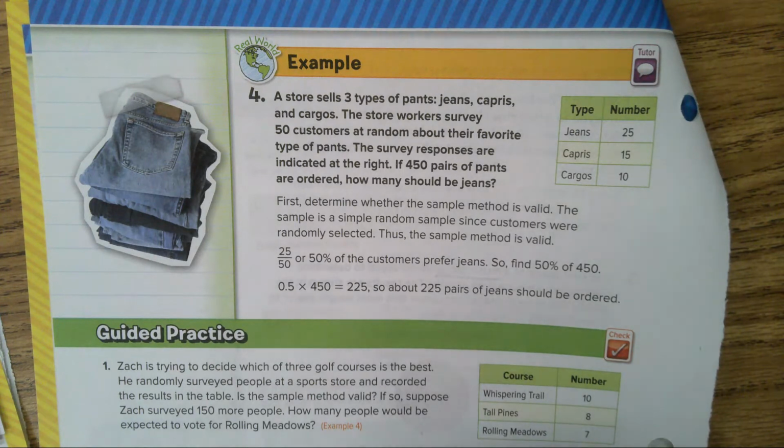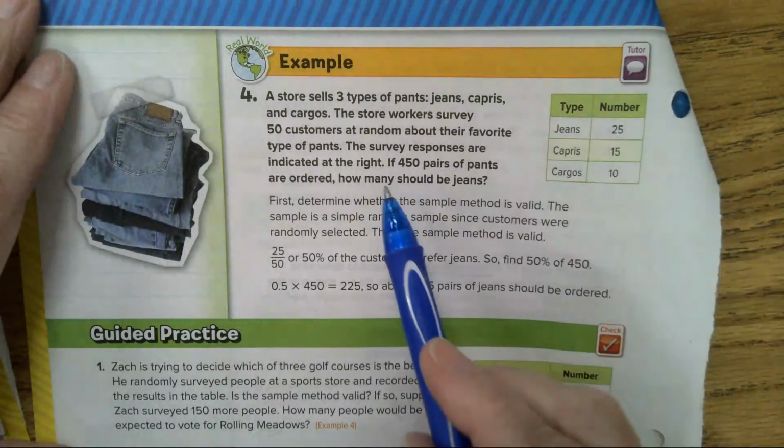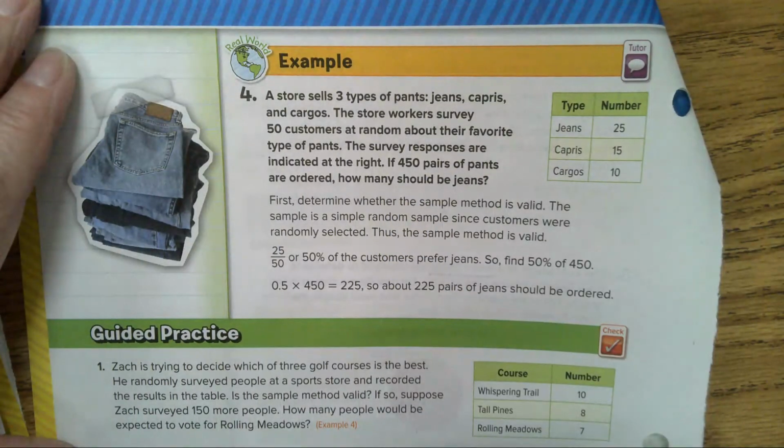The survey responses are indicated at the right. If 450 pairs of pants are ordered, how many should be jeans? So this is a store manager. They're trying to figure out how much they need to order for their upcoming inventory. So they're looking at what's going on, and they have to predict for their next 450 pairs of pants.